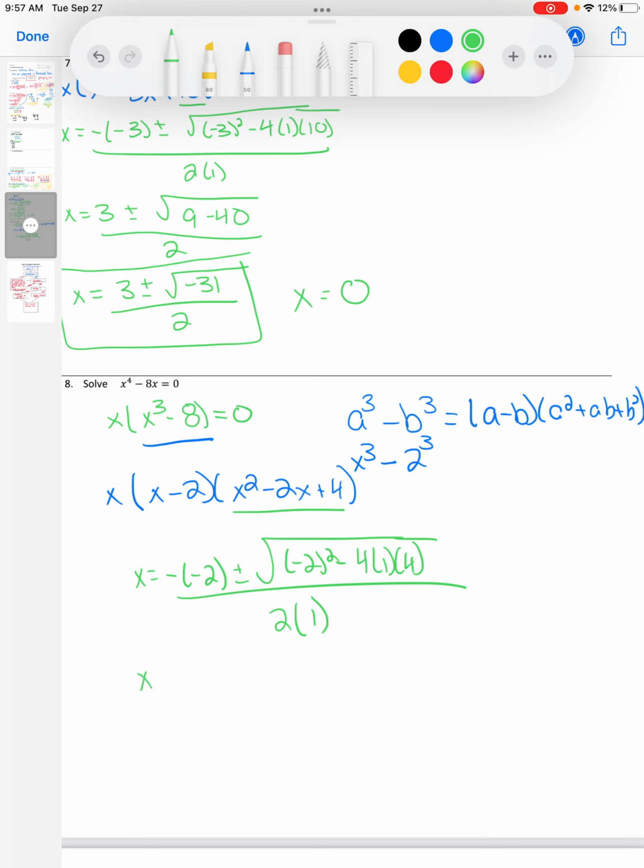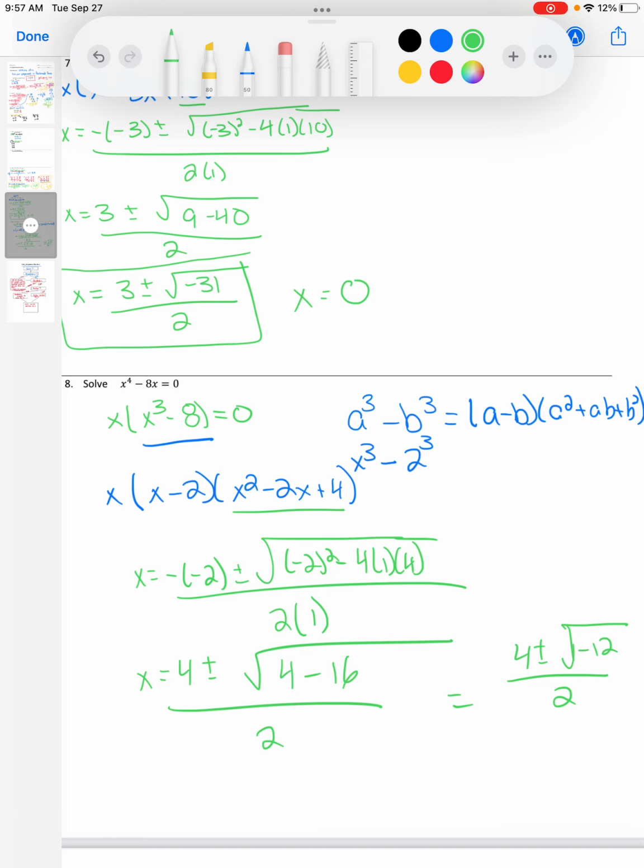So I get x is equal to 2 plus or minus the square root of 4 minus 16, all over 2. So we get 2 plus or minus the square root of negative 12 over 2. And again, we'll leave it like this because we'll practice with negatives and getting complex answers in a little bit.